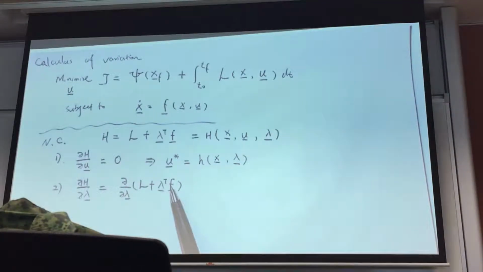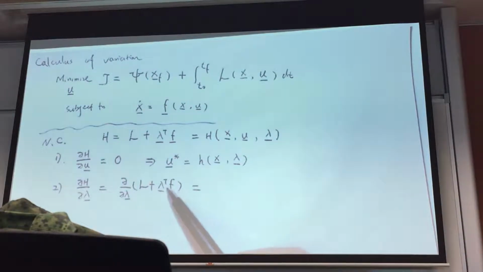And f also only depends on x and u, so it's treated like a constant. So the derivative of lambda transpose with respect to lambda will give us the identity matrix. Eventually this term will be 0, and this one will be the identity matrix.